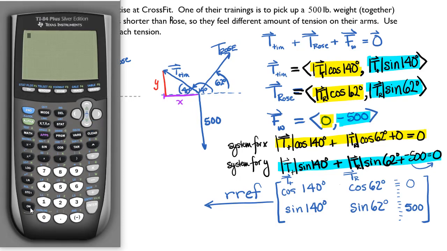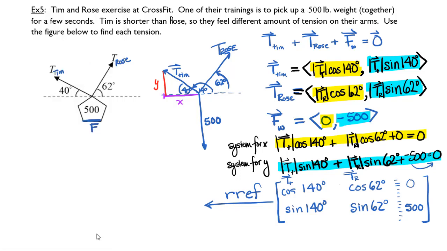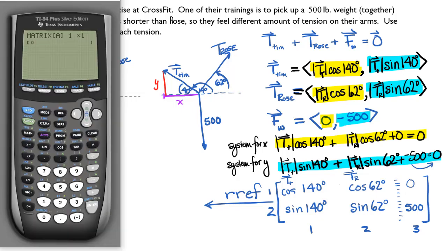The first thing you want to do is make sure that your mode is in degrees. And then you want to go to second matrix, arrow to edit, and then define the dimension of your matrix. This has 2 rows and 3 columns, so I'll need a 2 by 3 matrix.